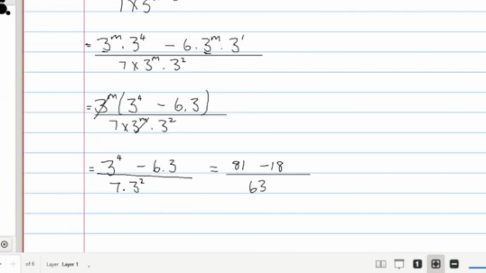And then when you subtract 18 from 81, you get 63 as your answer. So it's 63 divided by 63, and then the final answer is 1.